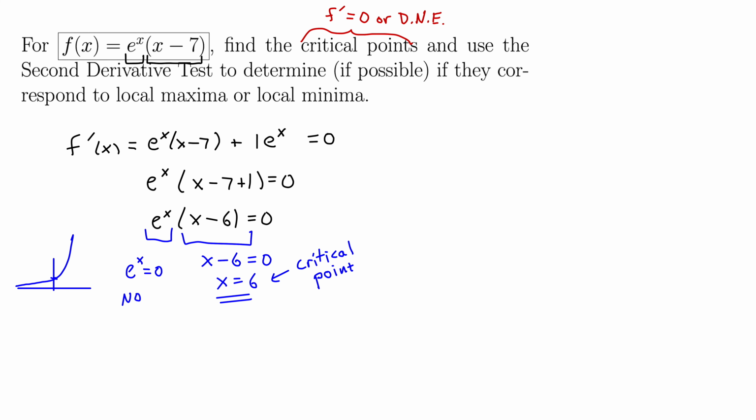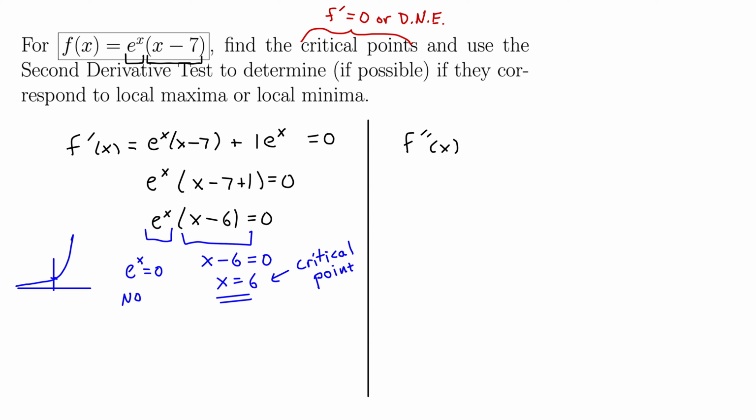Okay, so we found our critical point. Now to use the second derivative test, we take the second derivative and plug in that point to see if our second derivative is positive or negative at that point. So let's take the second derivative, f double prime of x, and recall that the first derivative that we're working off of is e to the x times x minus 6.